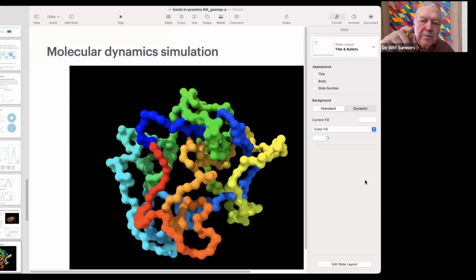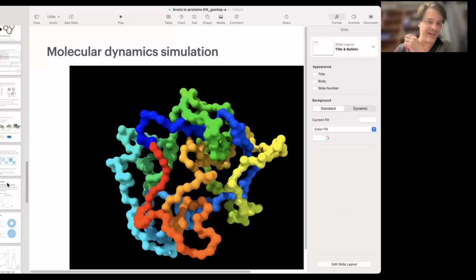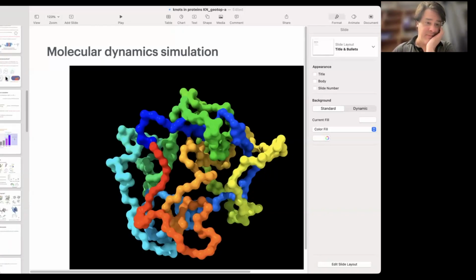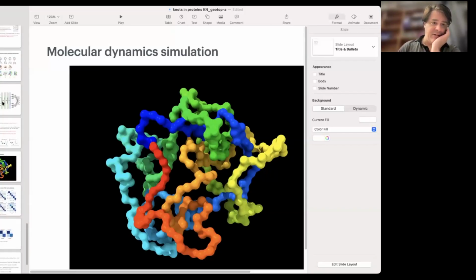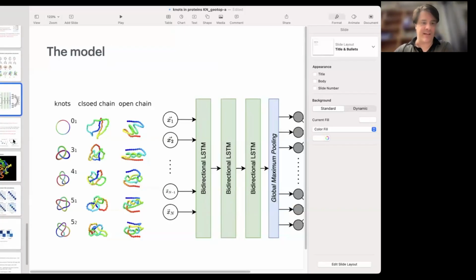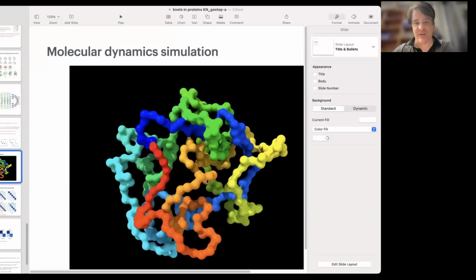And could you say something about the machine learning technique that you used for detecting knotting? Okay, so the experiment we did with the machine learning: basically, we took something we know is knotted and put it through a molecular dynamics simulation.